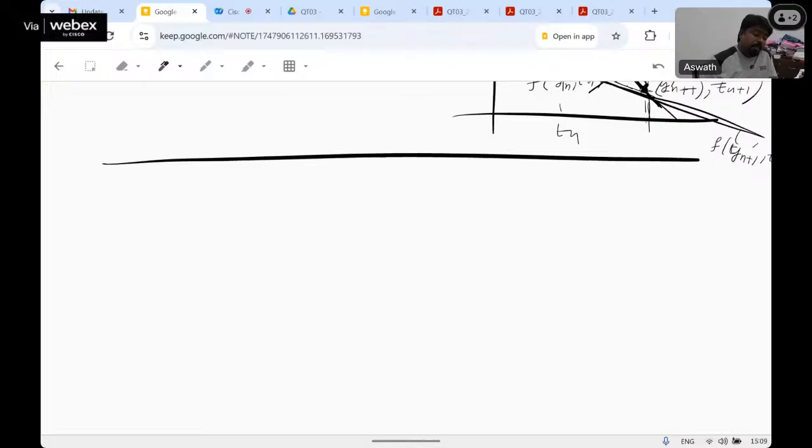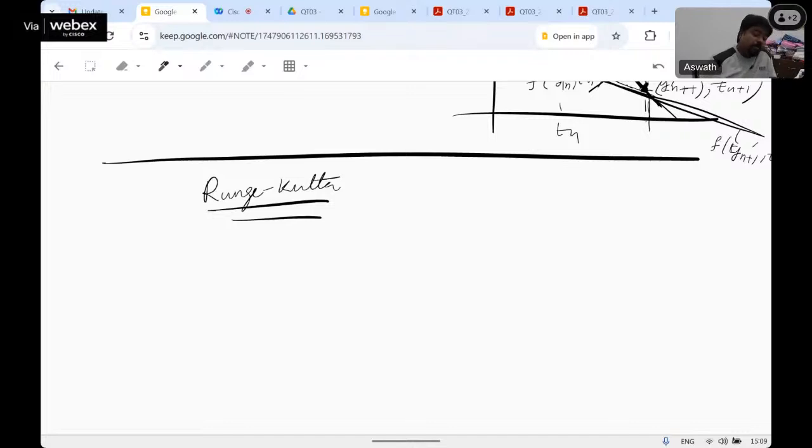Now, people are using multiple slopes. Somebody called Runge Kutta came forward and said it's about playing with the slopes. So let's say I have a curve.